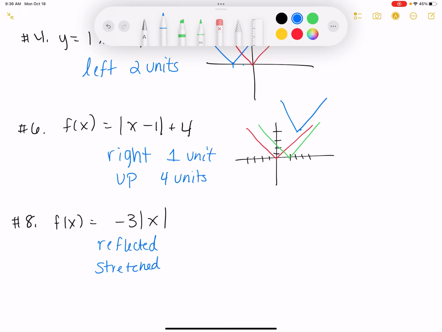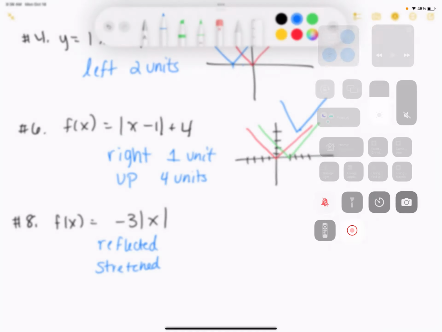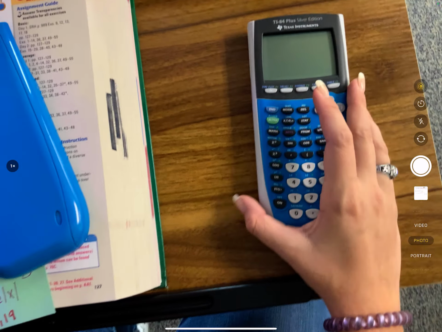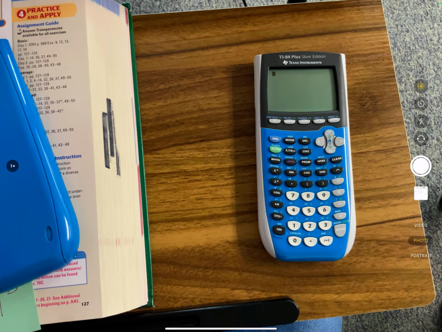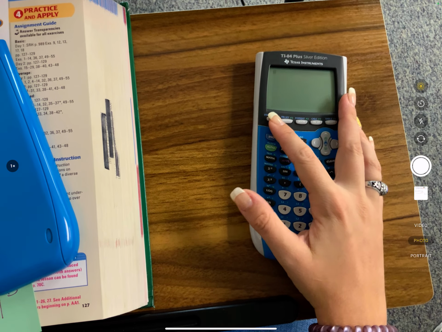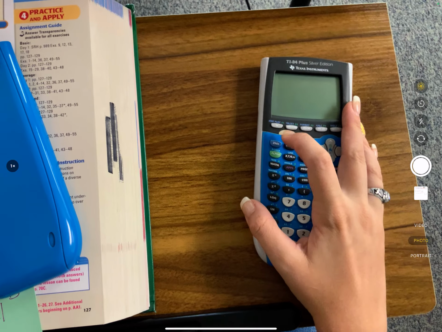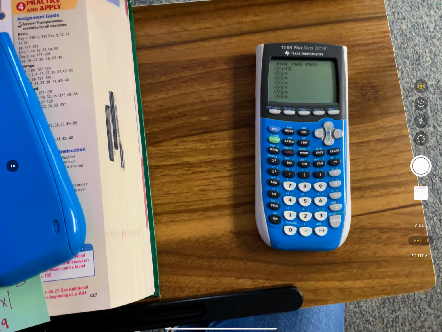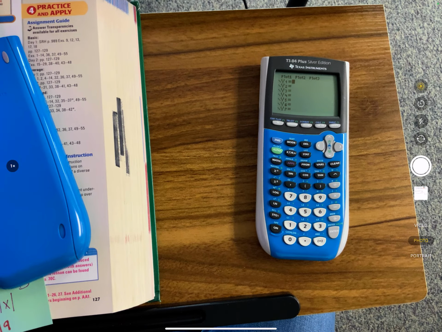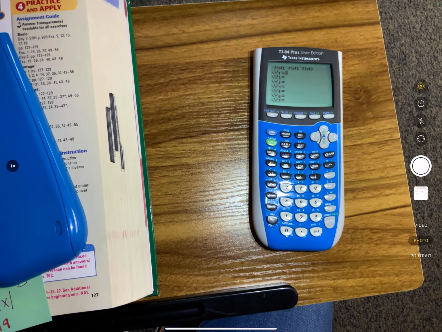I'll just show y'all how to do it. All right, so to put this on your calculator, if we were to do this problem, what buttons to press?